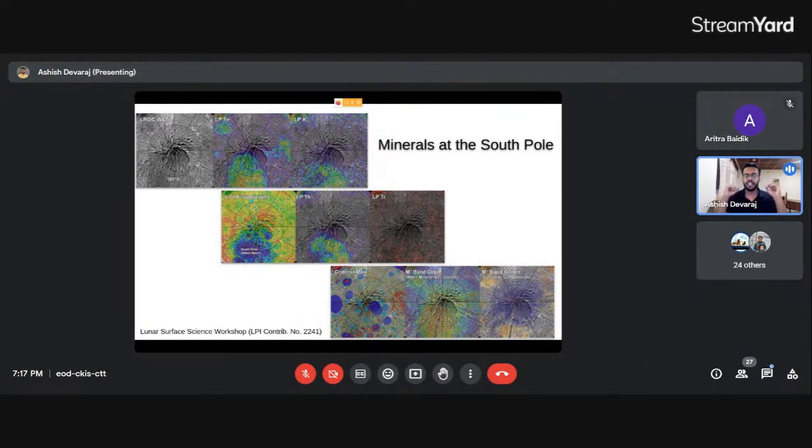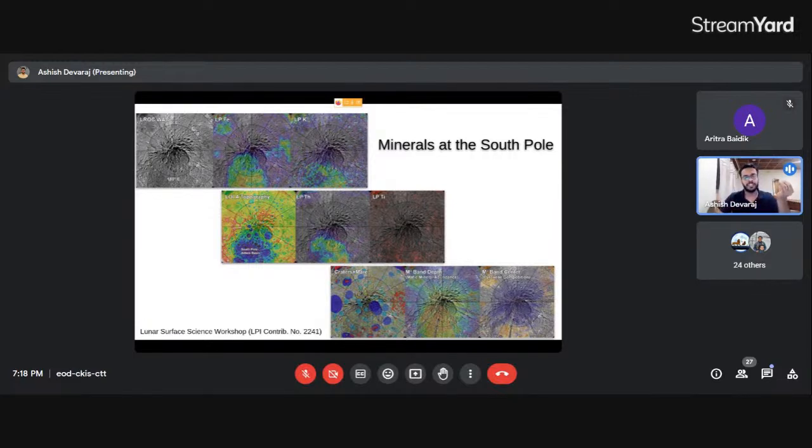I'll give you an example to explain that. Oxygen is a very important element for humans to survive, right? We breathe oxygen. So oxygen can be extracted from the lunar soil. There is various research happening across the world which proposes various methods, like metallurgical methods, to extract oxygen from the lunar soil.